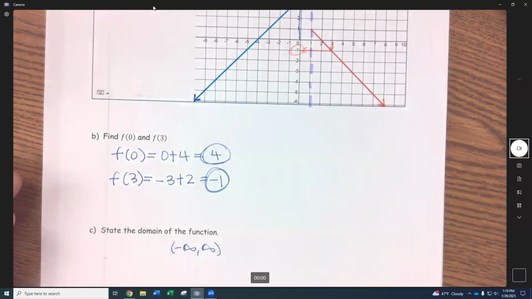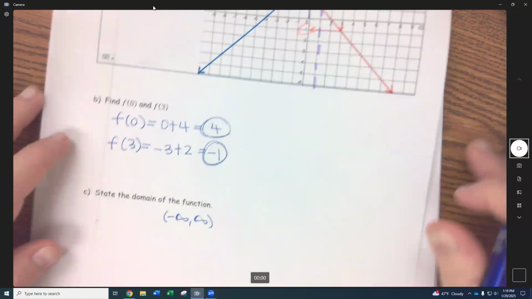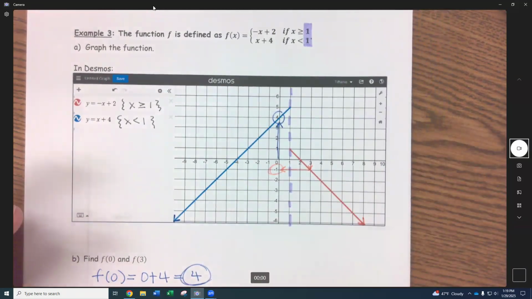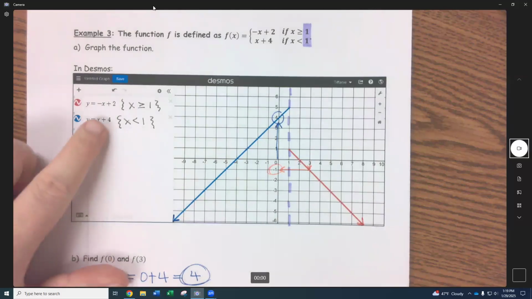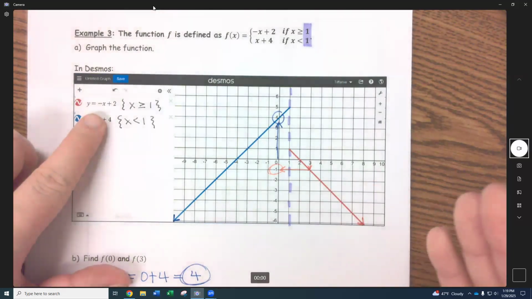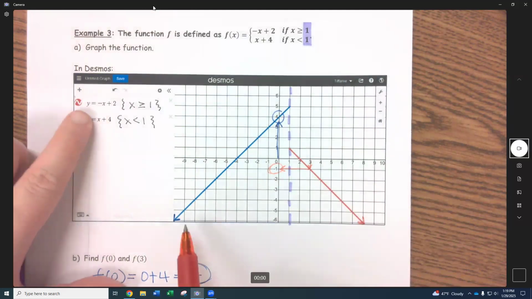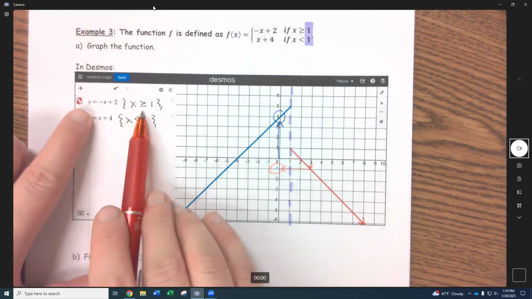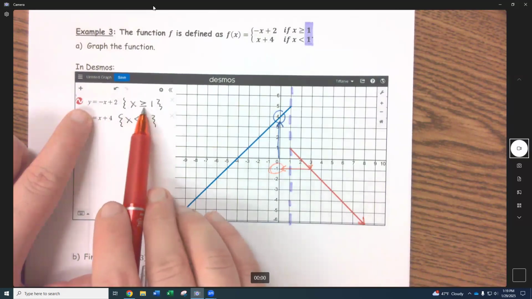Now, one thing we forgot to do was talk about our open and closed circle. So let's go back up before we finish this video here. One of these needs to be open, the other one needs to be closed. On my red line here, and this is also why Desmos is so nice since it color coordinates for us, this is when x is greater than or equal to 1.